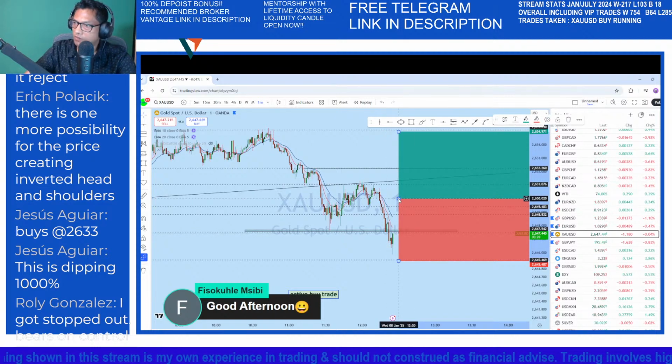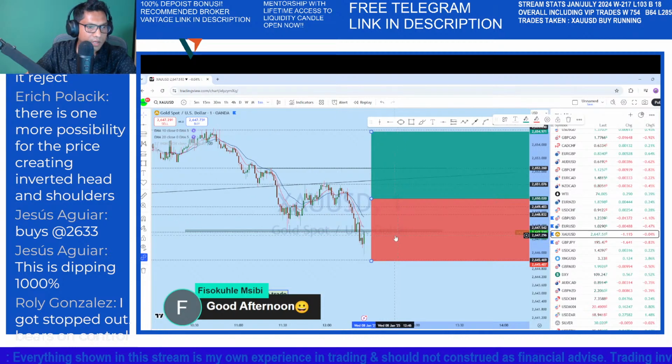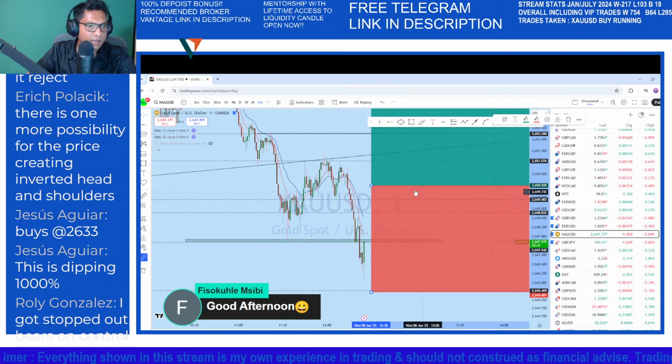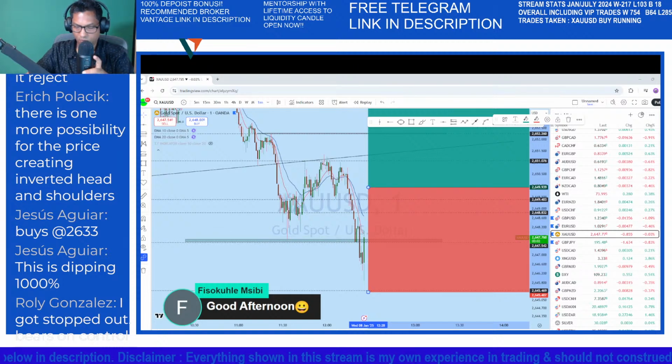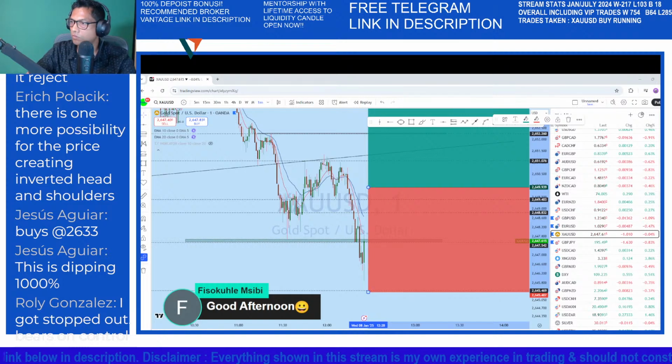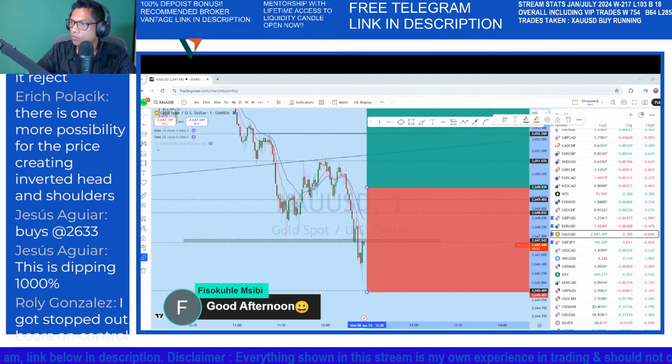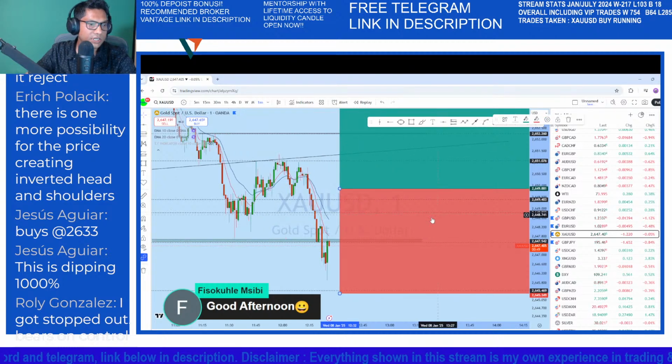Okay, so getting some rejection. Let's see if it is a rejection or correction. As it is a daily support, now this is a daily support.